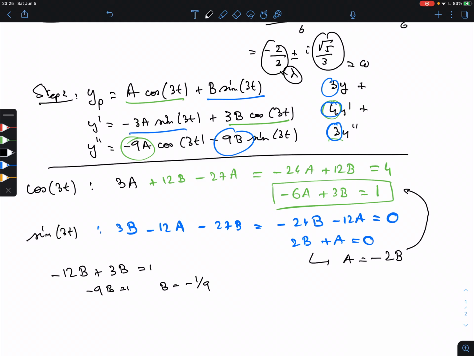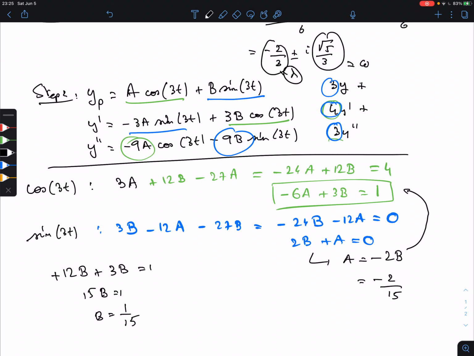Minus is plus. Plus 12b plus 3b, so that is plus 15b. Sorry. Let me not scratch things out. I have an eraser. So 15b is 1, so b is 1 over 15, and therefore a is minus 2 over 15.